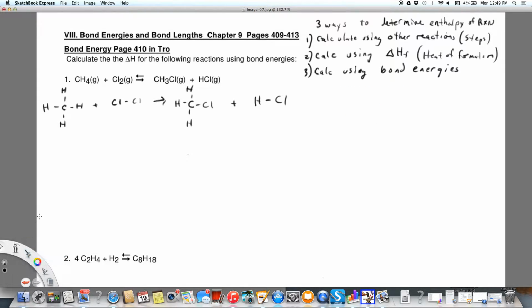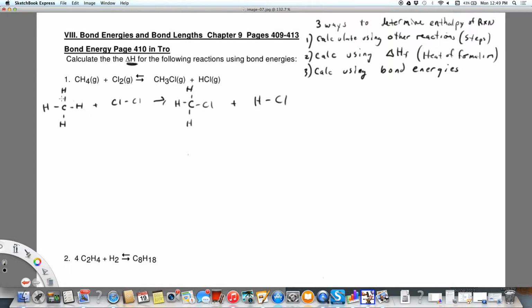So what I've done in this reaction, we're going to figure out what is the enthalpy, the delta H for this reaction. And it's balanced. So I drew everything out, and I'm going to look at all the bonds. So CH4 plus Cl2 gives us methyl chloride, CH3Cl plus HCl.